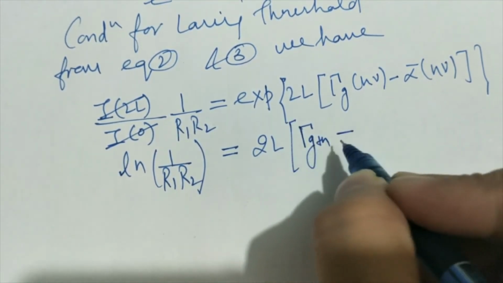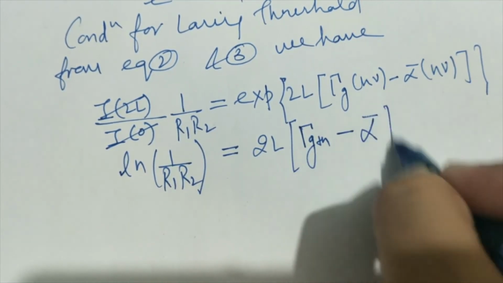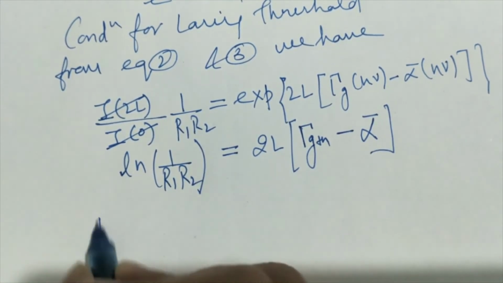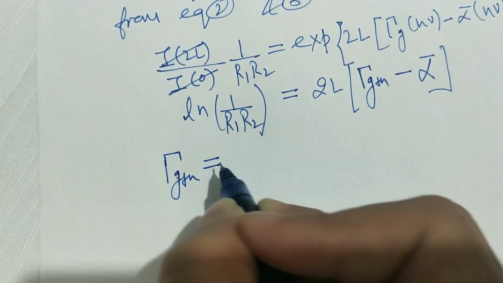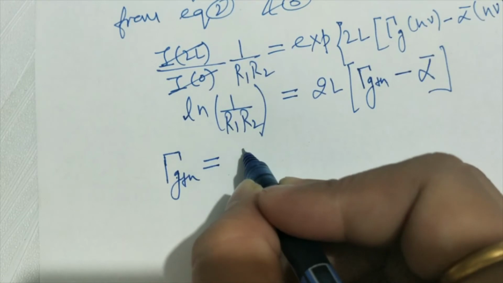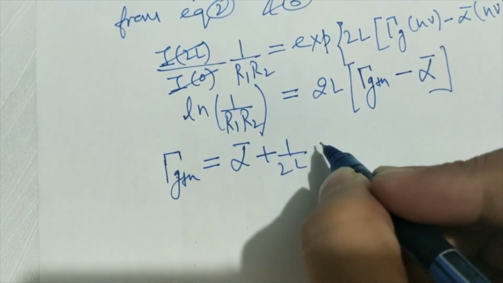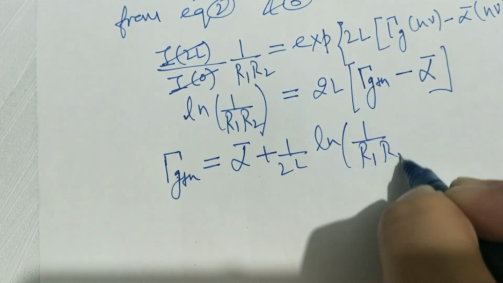This is the threshold value, alpha bar. Again we want to find the value of gamma, which is alpha bar plus 1 by 2L ln 1 upon R1 R2.